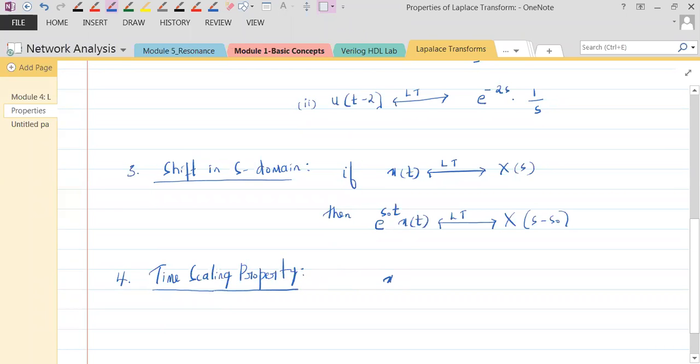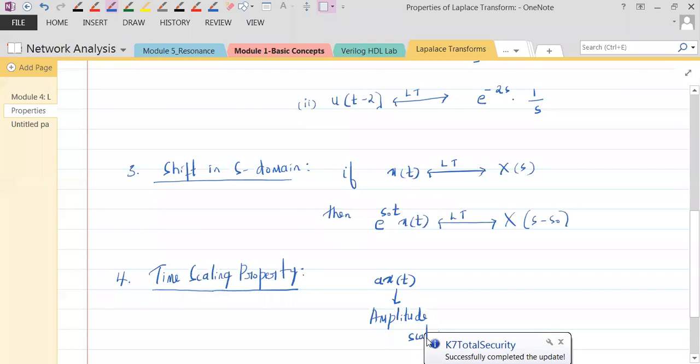Suppose x of t is a signal, then having a scalar here is amplitude scaling. Everybody understand that? This is amplitude scaling.